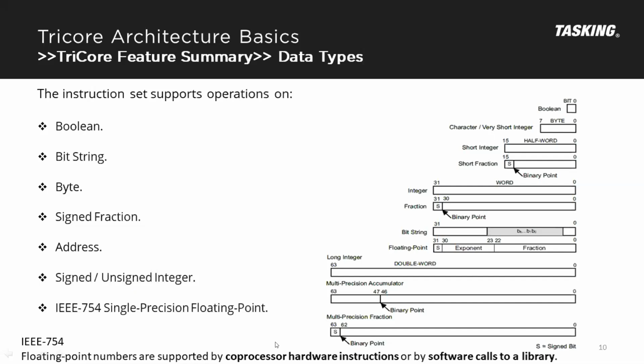You could use the floating point unit, if it already exists on the hardware, to run specific instructions for floating point calculations, or you could use software calls to the libraries. So these are the two methods if you want to use the floating point.